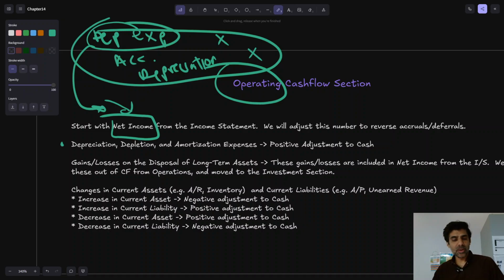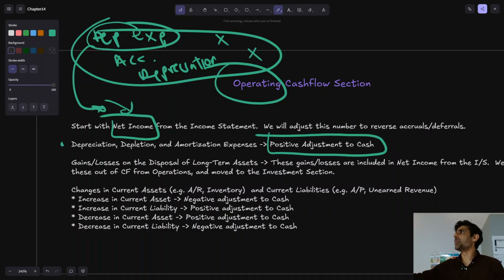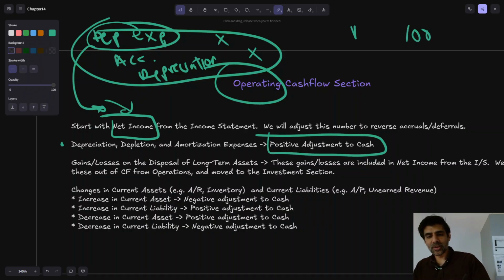Okay, so what we're going to do is add how much the depreciation expense was. We're going to add that back to net income because if we're trying to get to a cash flow, we have to adjust it upwards for this non-cash expense. Does that make sense? Yeah. So just to give you a number, let's say we had $100 of revenue.